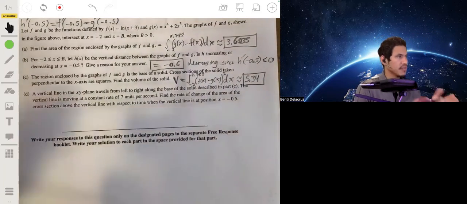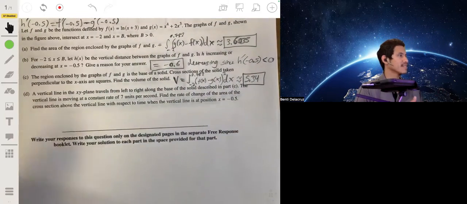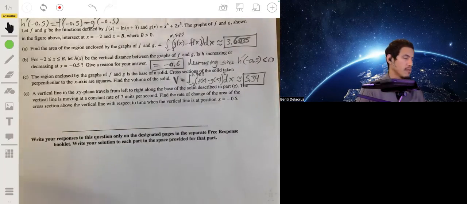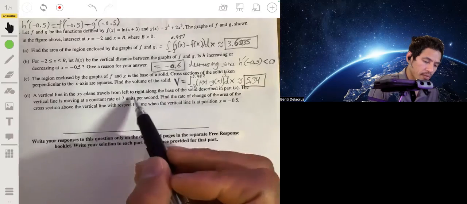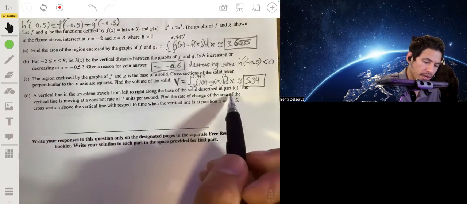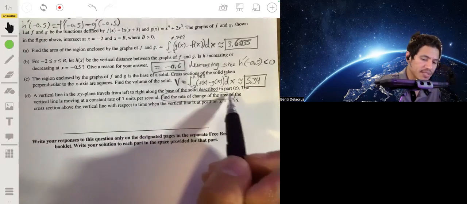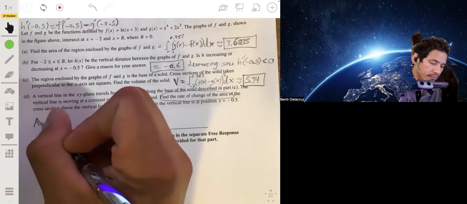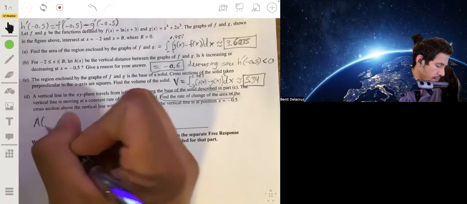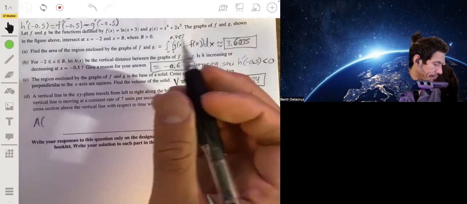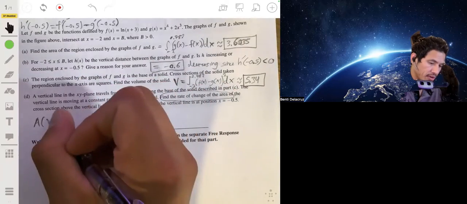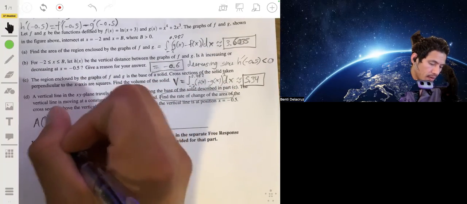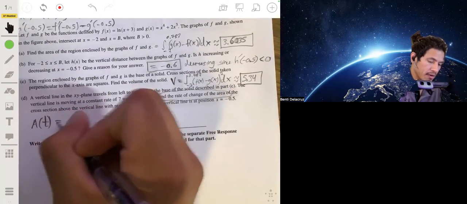This can be confusing if you overthink it, but you're essentially just going to apply the chain rule to this integral. You're looking for the rate of change of the area of the cross section. Let's call the area A of t, or A of x, since we're talking about time.